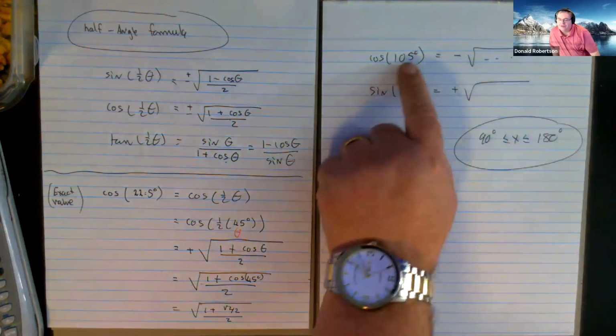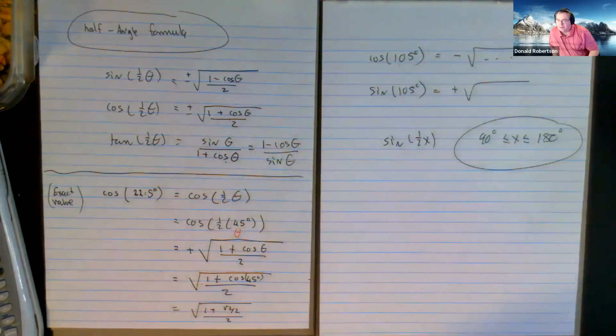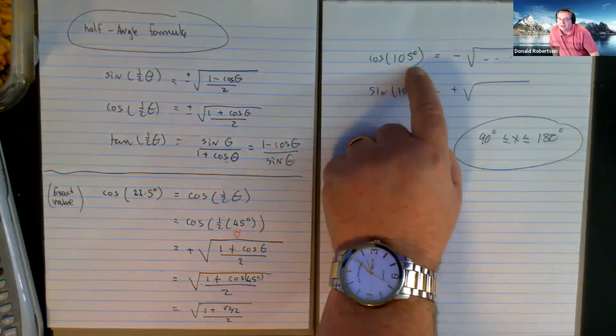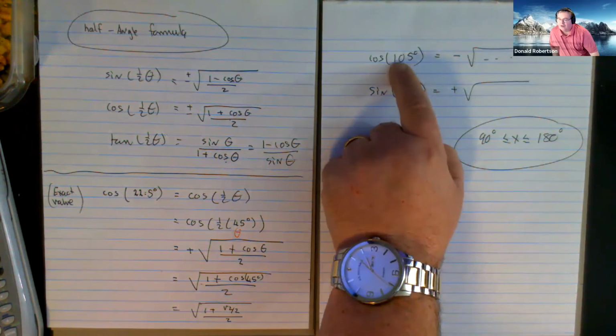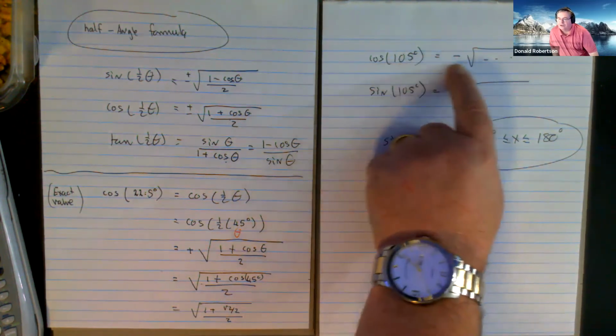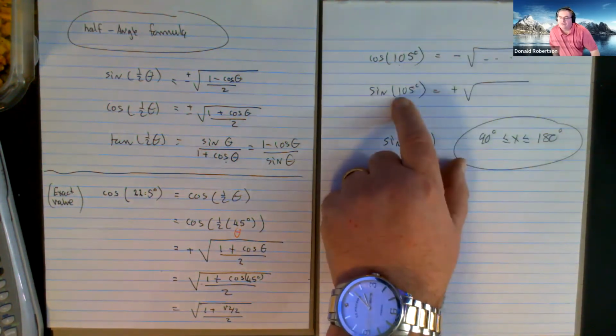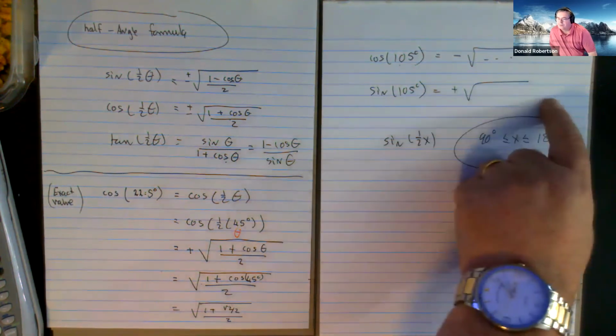If I know what these numbers are, pluses and minuses, I don't need to do all this half angle, what quadrant I'm in. Can't I just go up here and say, yep, 105 is in the second quadrant? The cosine of an angle in the second quadrant is negative, so I stick a negative here and I'm good to go. Sine 105, well, in the second quadrant it's positive, so positive, and off you go.